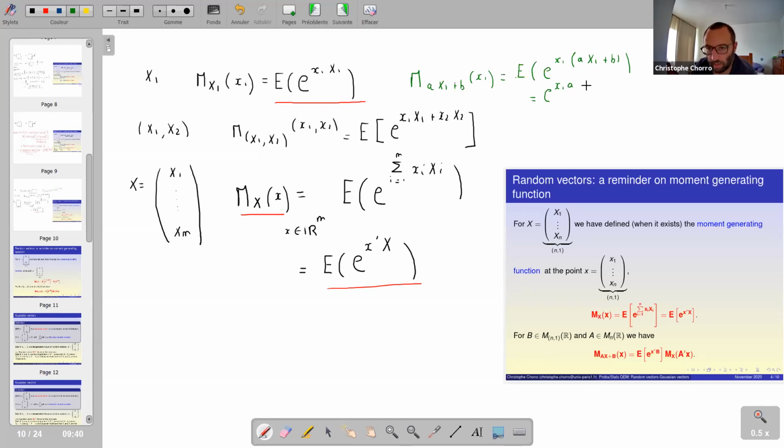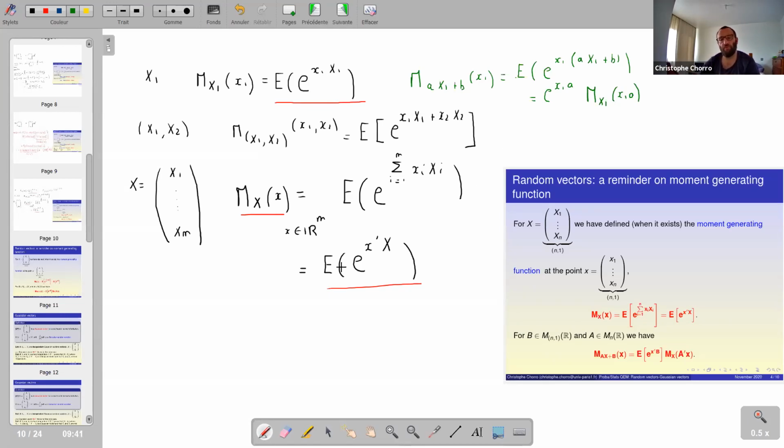And here I have just exponential of x1 times a times x1, that is the moment generating function of x1 at the point x1 a.